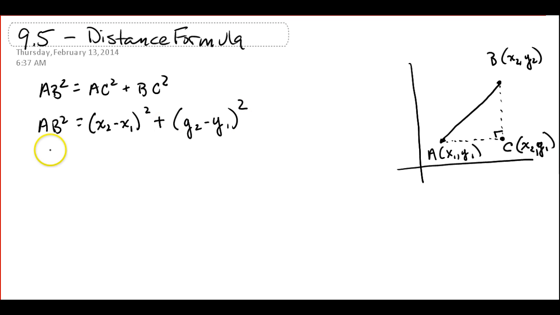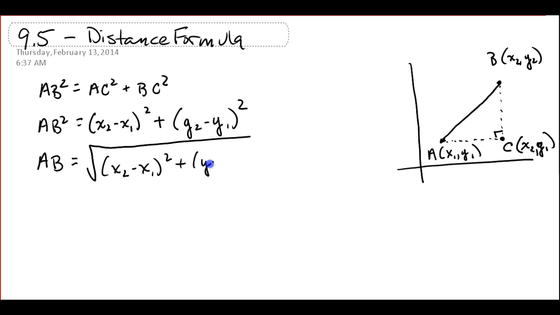And then if I want to solve for AB, I just take the square root of both sides. So I end up with AB is the square root of (x2 minus x1) squared plus (y2 minus y1) squared. And then you have your distance formula.